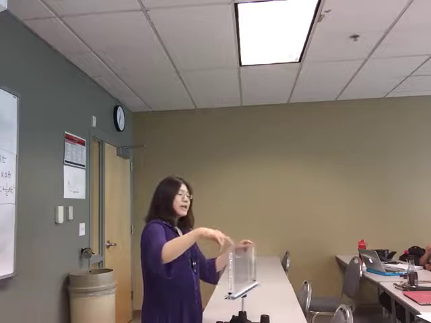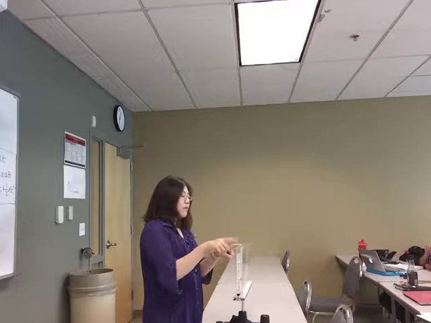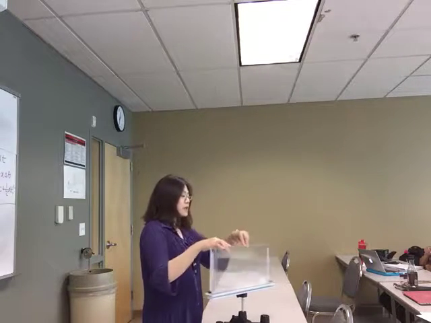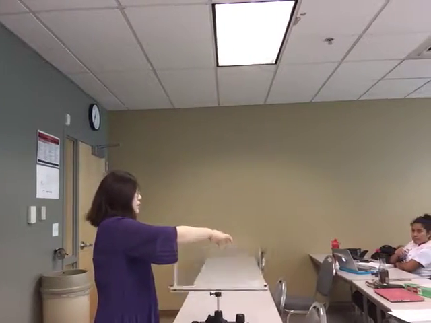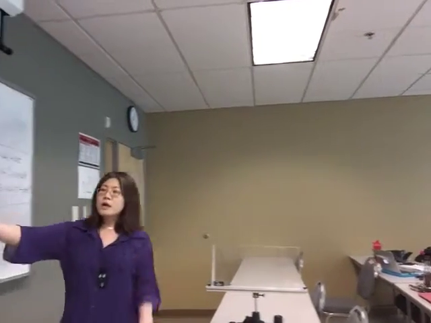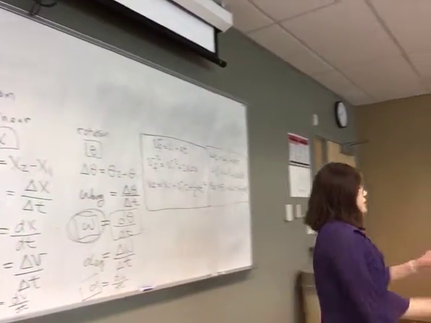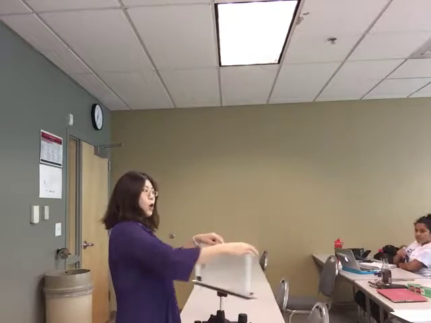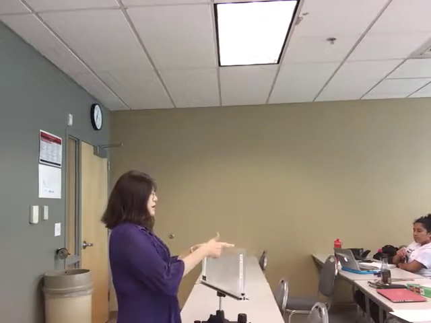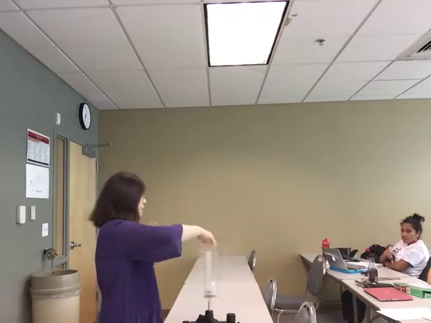So that velocity is how fast it is moving at this point. The angular velocity here is the same because they're all moving at the same angular velocity. But the linear velocity will be different because your linear velocity depends on the radius. So the velocity at this point and at the end point will be different because the radius here as opposed to there is different. But omega stays the same, okay?